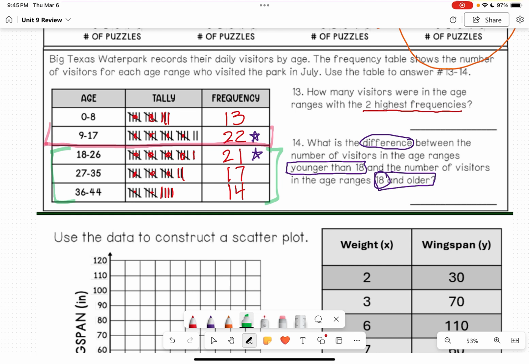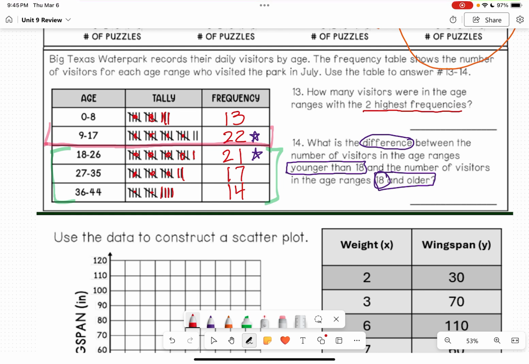Okay, it wants to know the differences. So what you're going to do for this problem is find how many people are in the section above, so the red section, and how many people are in the green side. Add up your tally marks for each section and subtract them.